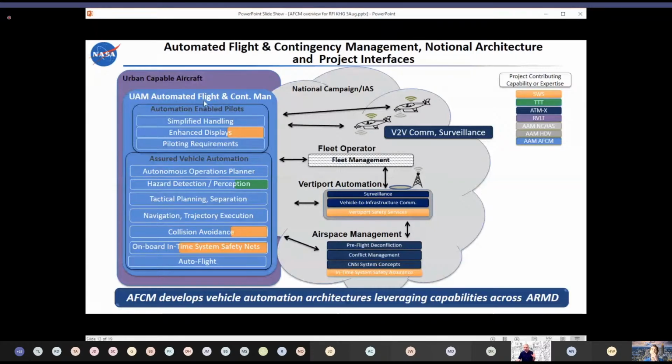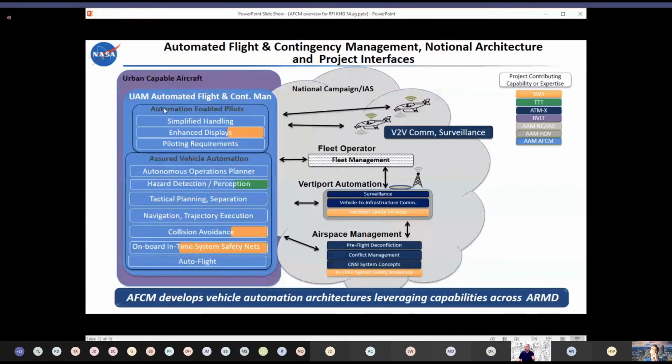Let me focus for this audience primarily on the left side of this chart, which is the core blue area showing a notional vehicle architecture. The way we're structuring the overall AFCM area, there's basically two primary components to it.